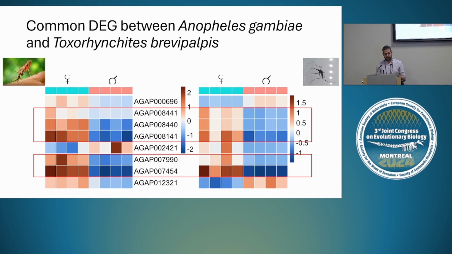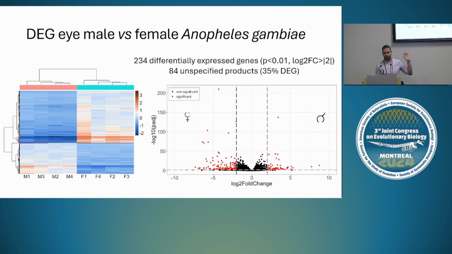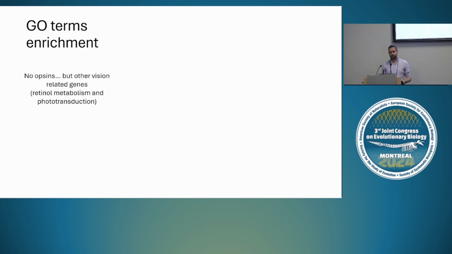Because we don't have a lot of annotation in the non-biting species, I will focus here on the Anopheles gambiae analysis. We have 234 genes that are differentially expressed in the eye between male and female. And when we look at what these genes are, they are not opsin genes. We have a lot of visual-related genes that are differentially expressed.